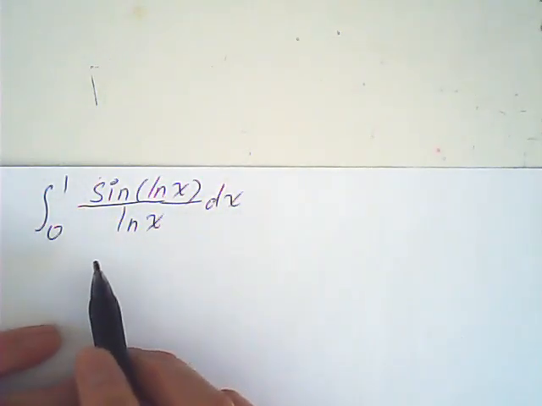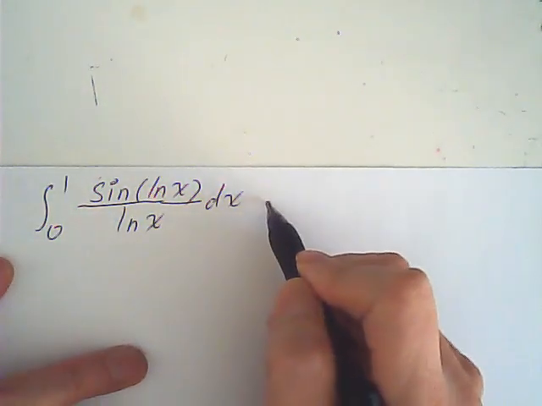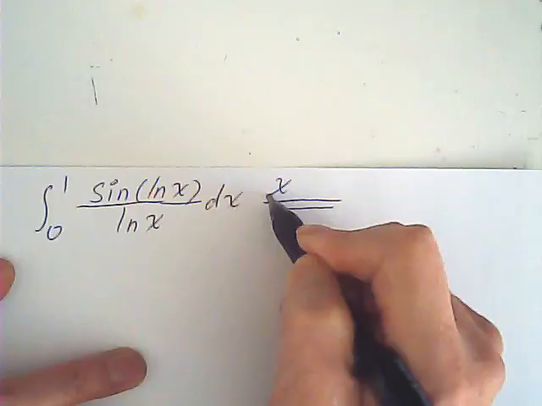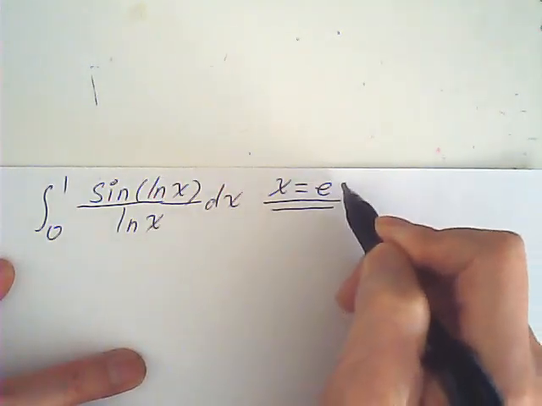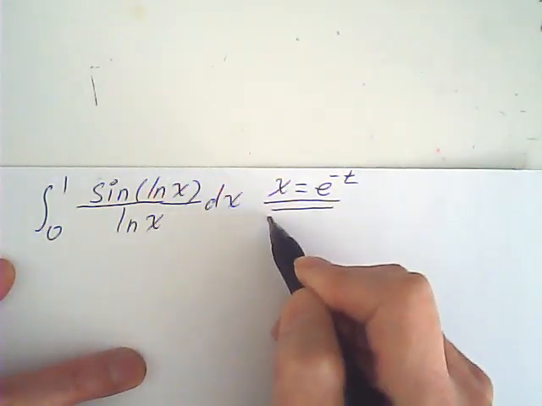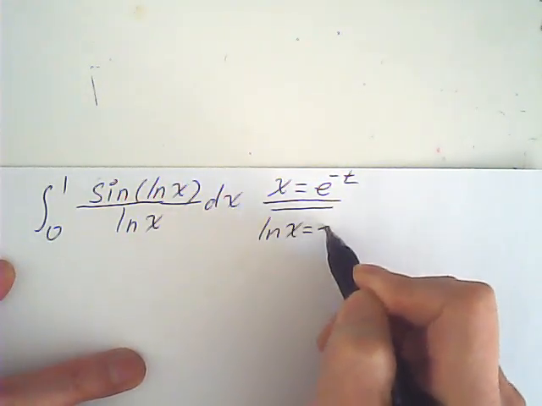Now, the first method, I start with substitution. I let x be e to the negative t. Therefore, log x is negative t.